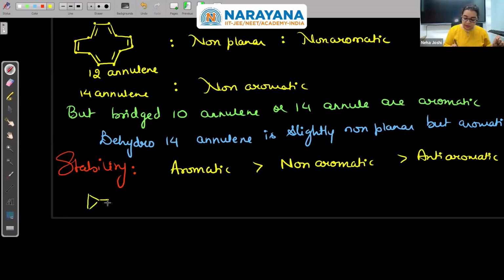For example, if this is there and say this gives addition of HCl, you will have this carbocation formed. And you will write Cl minus like this. It will remain as a charged species, like this, ionic.